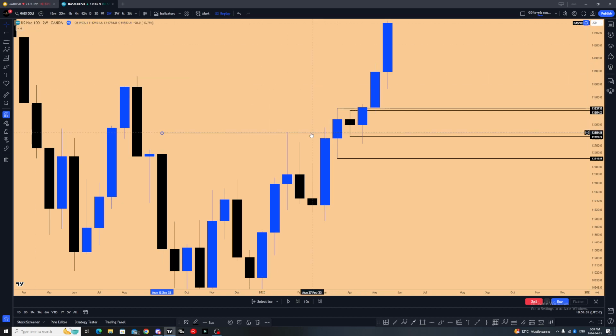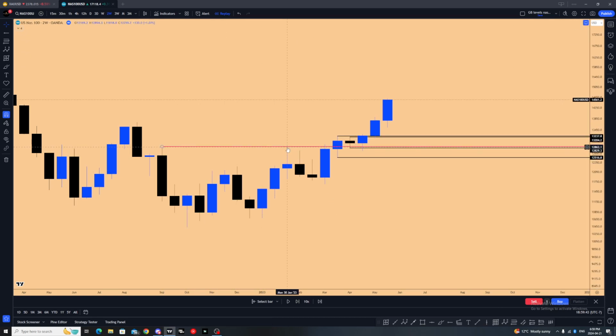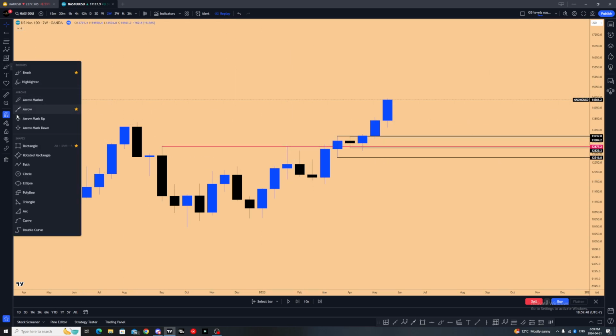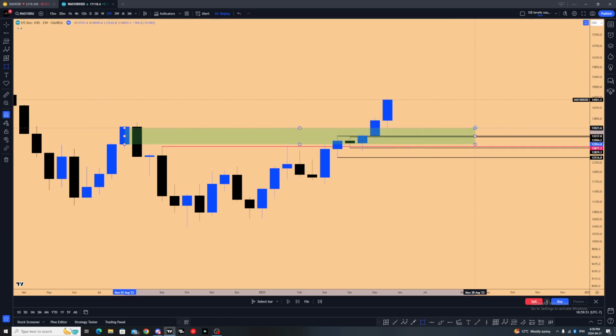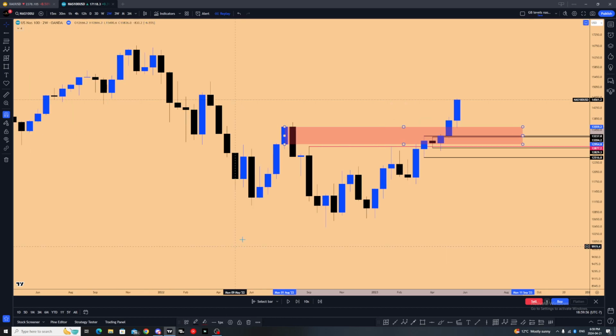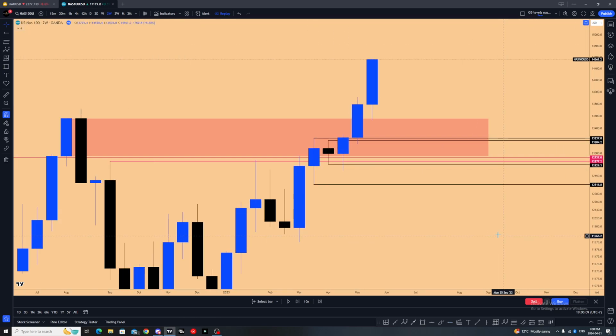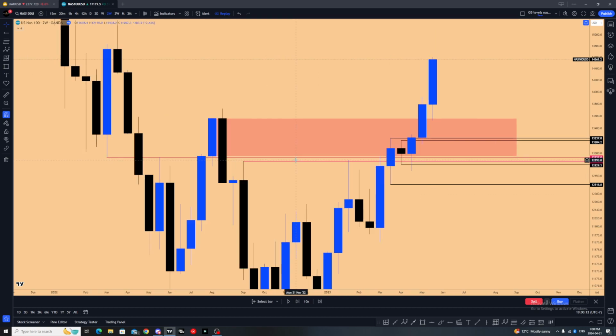Remember from our lecture on SR levels, where I mentioned if you have a bigger weekly level, this was a massive resistance zone, and it was holding against this entire resistance zone as well. This was a do or die line, in my opinion, for Nasdaq. You could map this SR level out, but basically this was a very, very strong resistance zone.